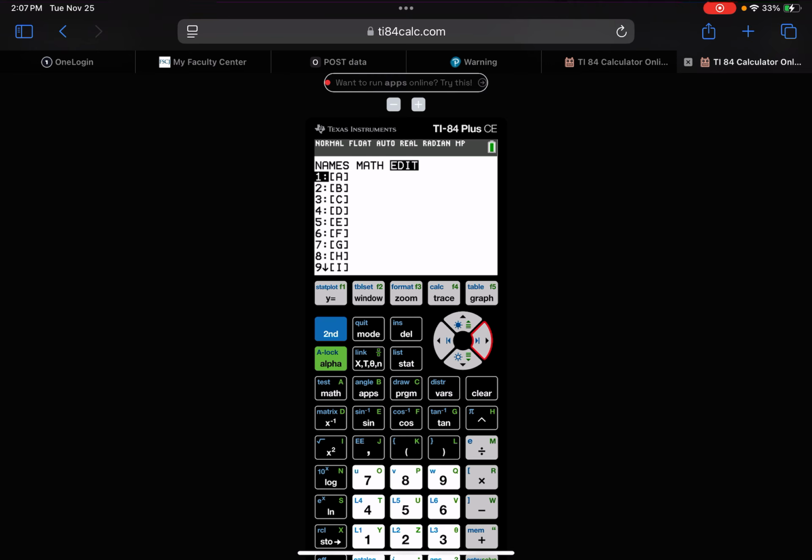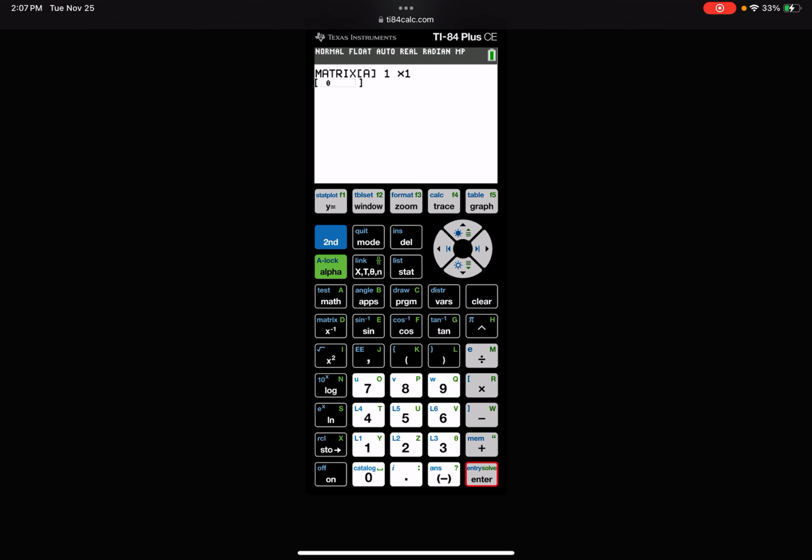It's already selected on the first matrix A, so you can just hit enter. Then it's going to ask you to enter the dimensions of the matrix. Remember, the rows always come first, and this was a 3 by 4 matrix. Then hit enter.